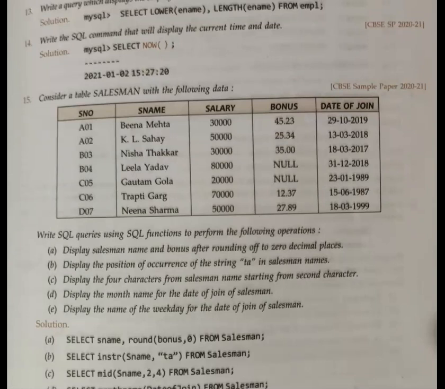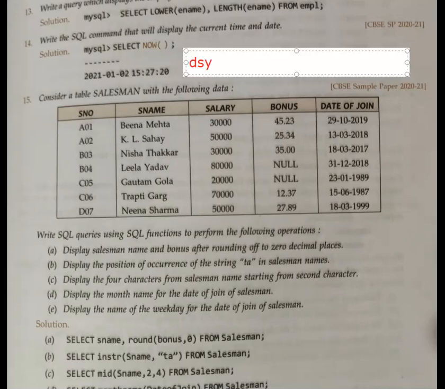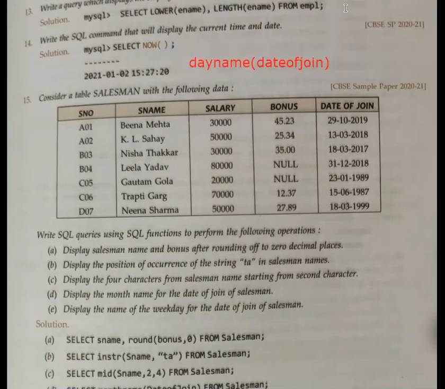The function name is dayname. Dayname, then within brackets again dateofjoin. So this is how you are going to do this. You can see the answer part also.